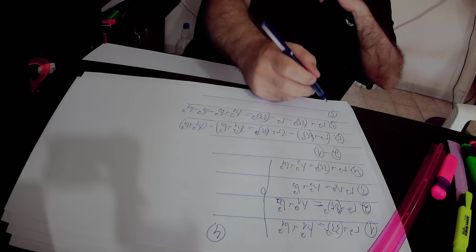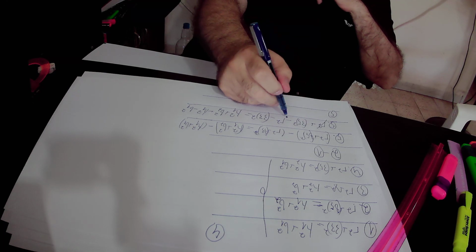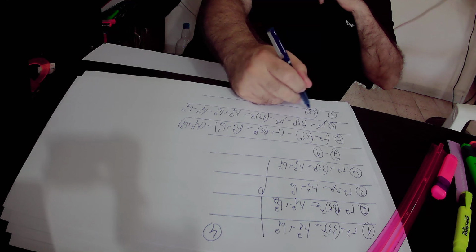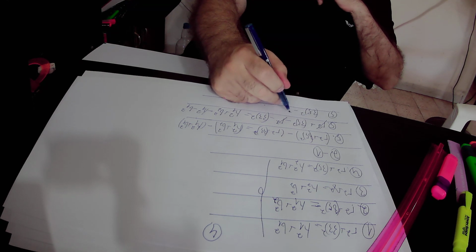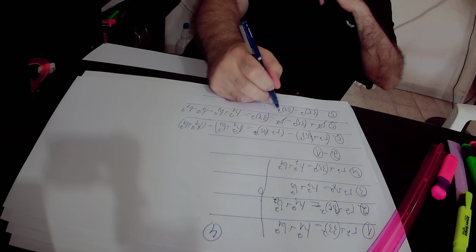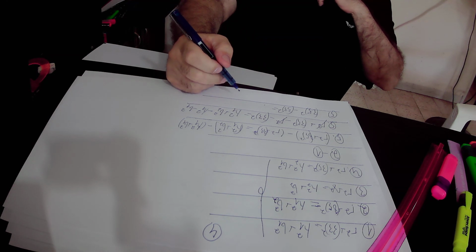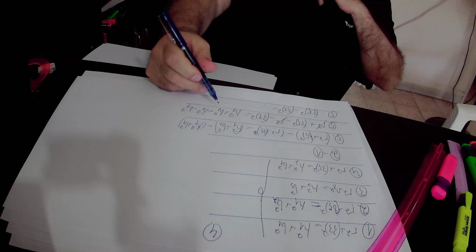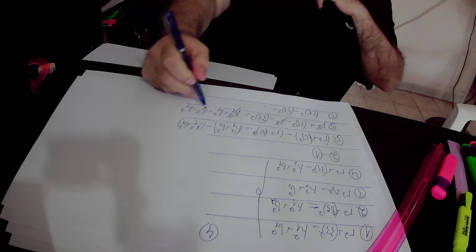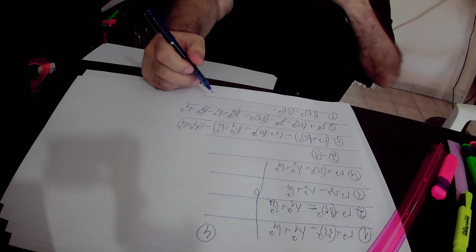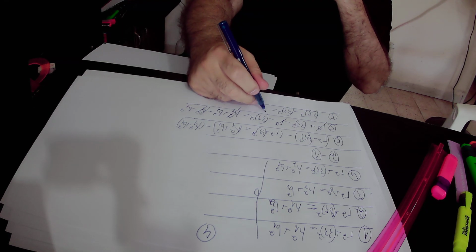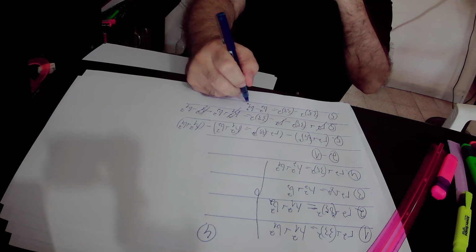R square minus R square is 0, so R square will get cancelled, and we are left only with 85 square minus 33 square, that is equal to, H1 square minus H1 square is 0, so H1 will get cancelled, and we are left only with B2 square minus B1 square.